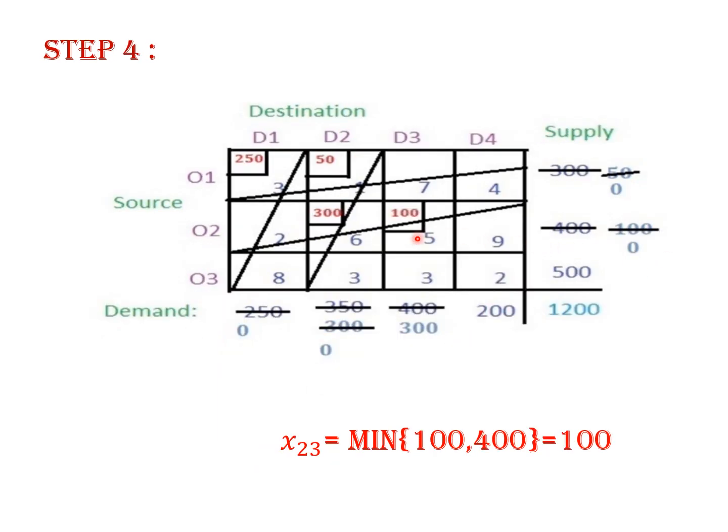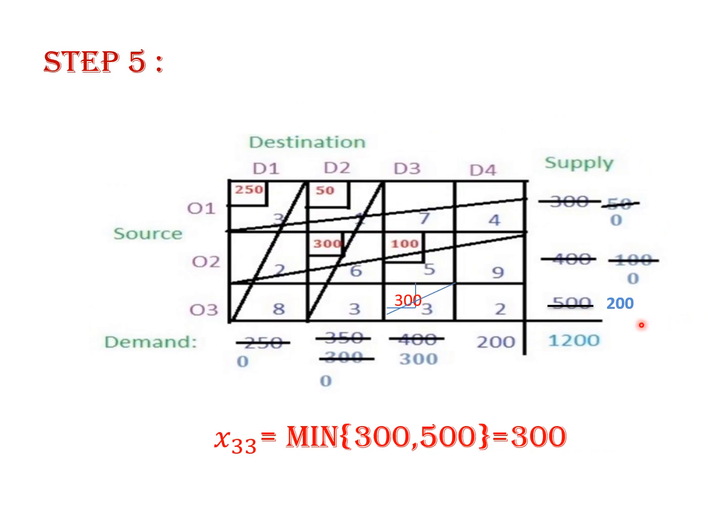Next, the northwest corner is x23. x23 is equal to the minimum of S2, D3. S2 value is 100 and D3 value is 400. Subtract 100 from 400. The remaining value 300 is placed here. The minimum value is in the row, so we cross the row.